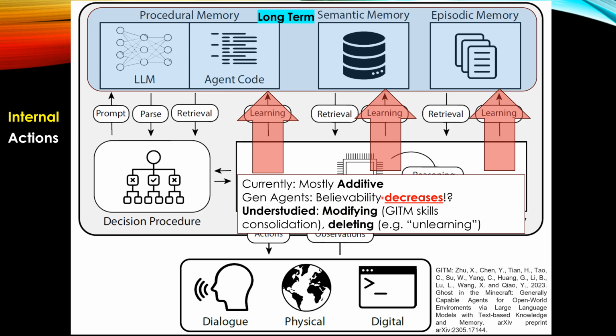For example, in GITM, which reference I've included here, the skills actually undergo consolidation, whereby the set of skills that accomplish a task are consolidated every few steps. The other understudied area is deleting memories. For example, in Google's first machine unlearning challenge.